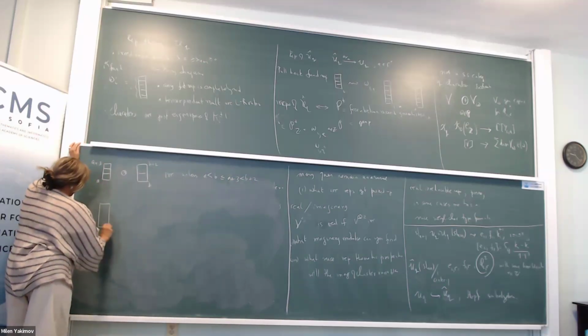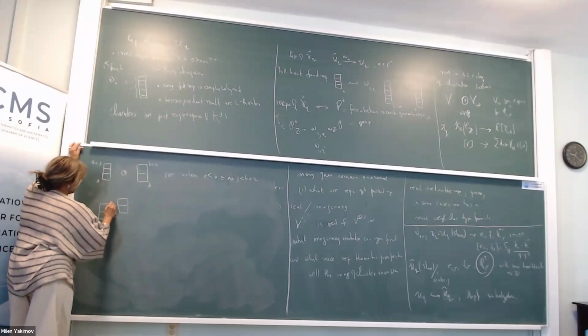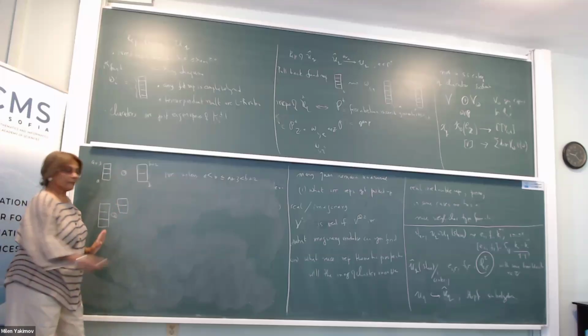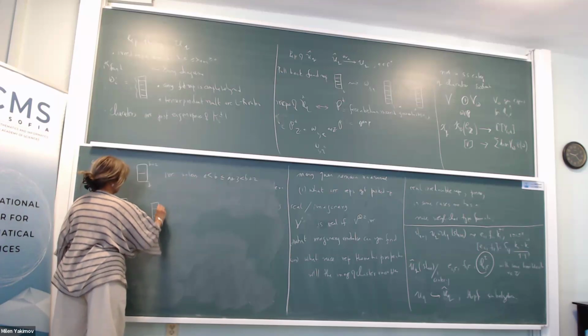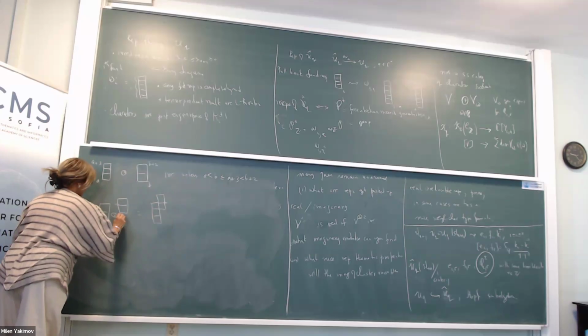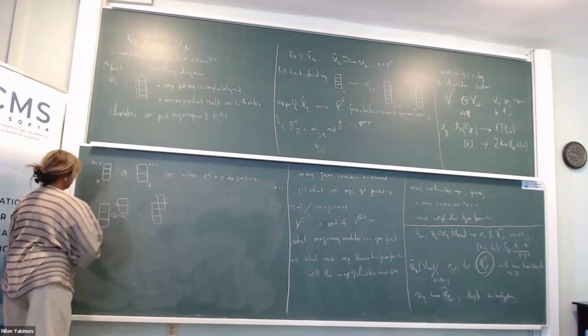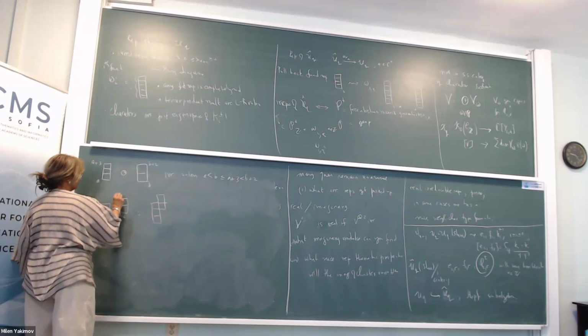On the other hand, if I have this picture, let me draw it more carefully. This is supposed to be in the same line. When I slide them together, I get a skew diagram. So this is A plus 2, and this is A plus 4.